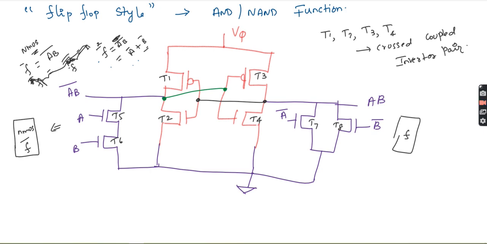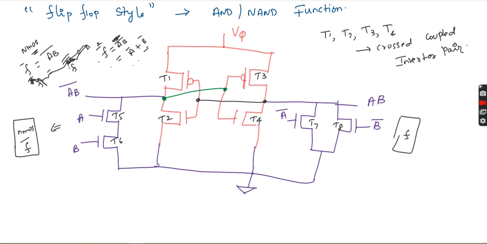See here, this is the function of F bar, this is the function of F actually. So now you can see that T1, T2, T3, T4 are all the cross-coupled inverter pair actually. So this inverter's input is driving this AB.